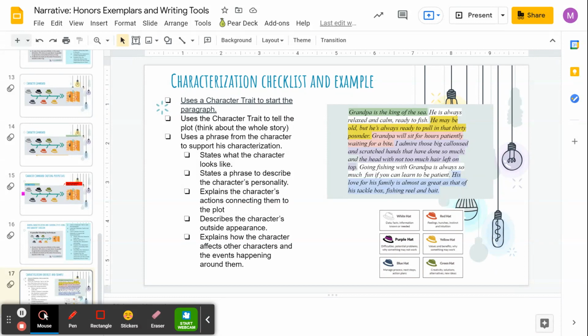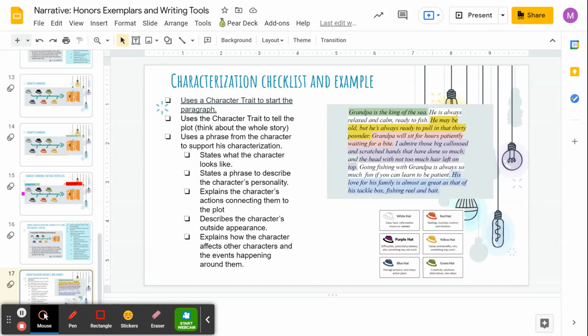It continues with pointing out another difficulty or a life progression, and that is the head with not too much hair left on top. Notice how the purple hat tends to point out not necessarily negative, but more the adversarial things that people oftentimes judge based on for that perspective.